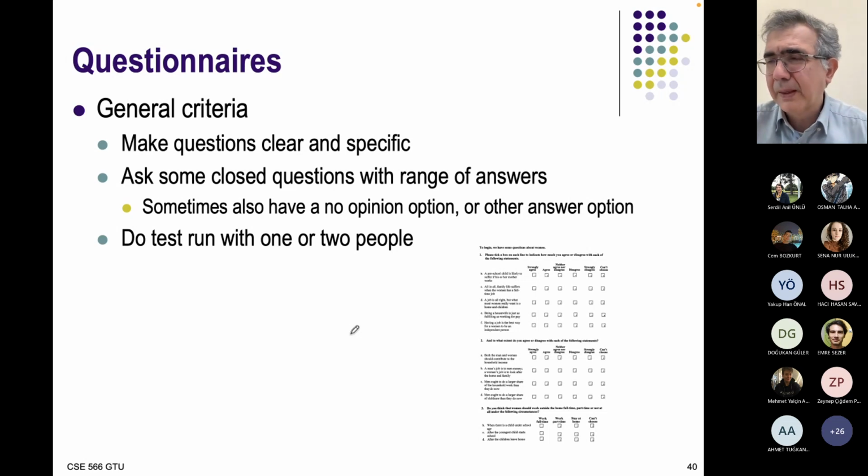Generally, we make questions to ask at the end of the study. And these questions usually have options from completely disagree to strongly agree. So we call them Likert scale.